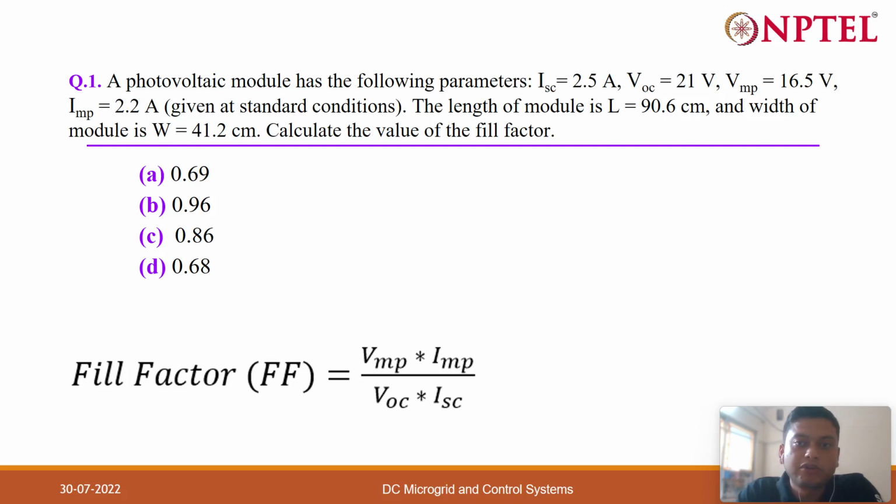The length of the module is 90.6 centimeter and the width of the module is 41.2 centimeter. Calculate the value of fill factor. I want you all to first try, and I have also given a hint. You need to put in the values and get the answer, and you can type your answer in the chat box.